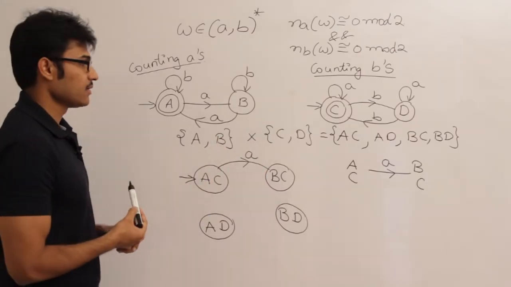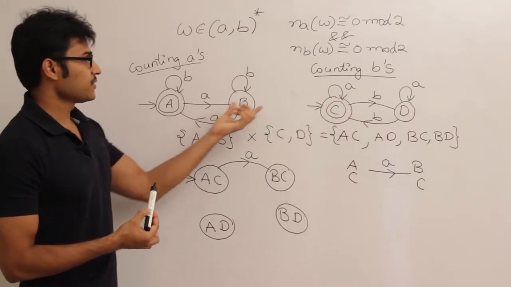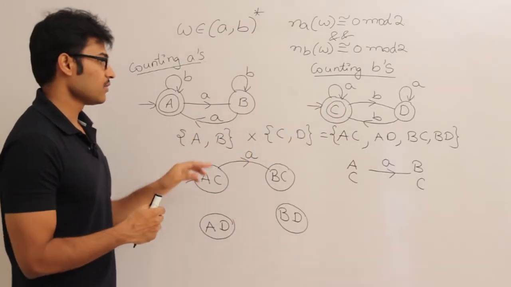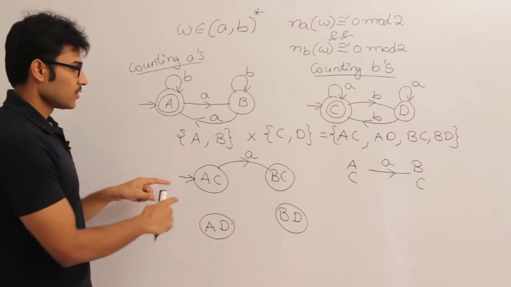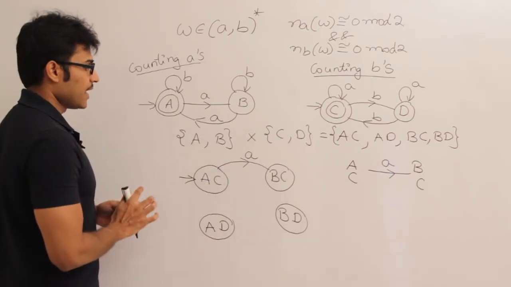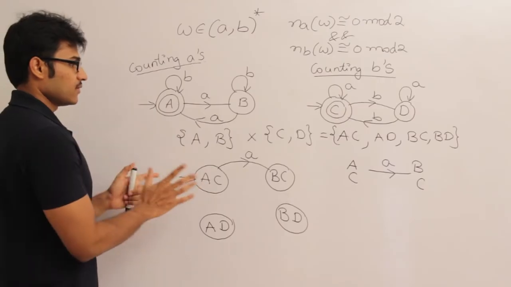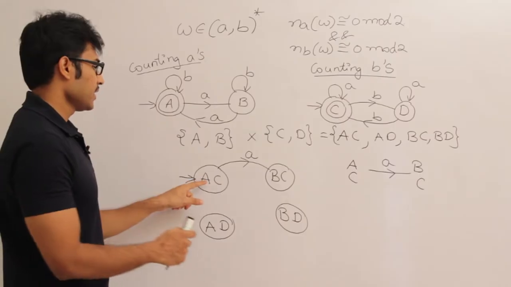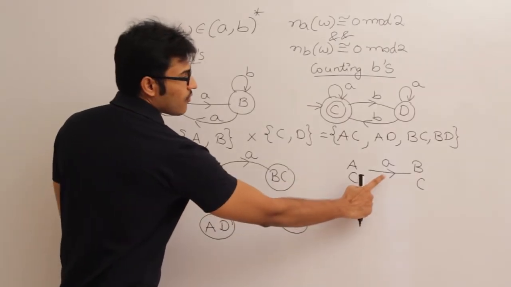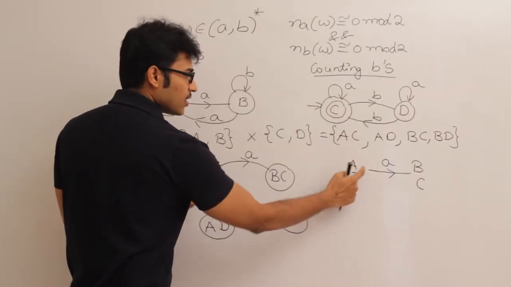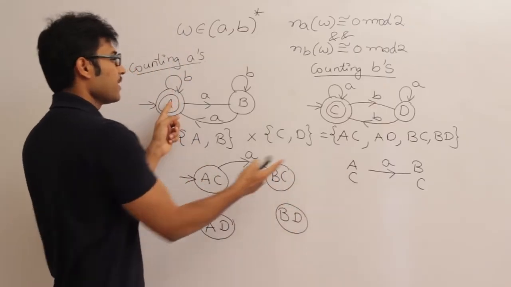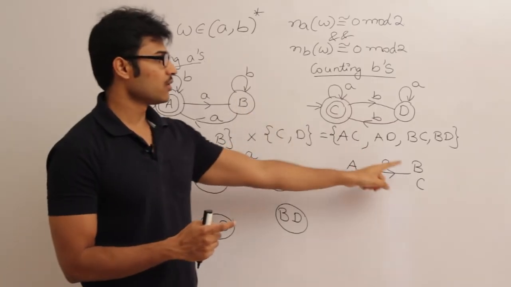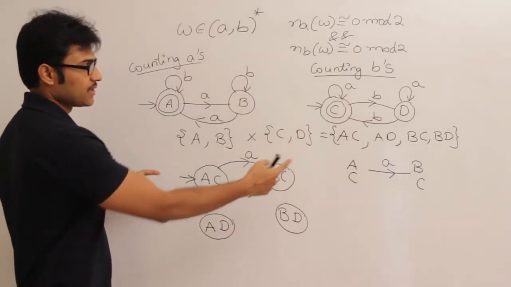Understand this: I have initially constructed the DFAs independently, and then I am trying to club them. It is also called the cross product method. When I merge them, the diagram looks something like this. Though we know that there are 4 states, now I have to fill up the transitions. I'll take a state and see what transition I want, AC on small a. I go to the original diagram and see what capital A is doing on small a and what capital C is doing on small a.